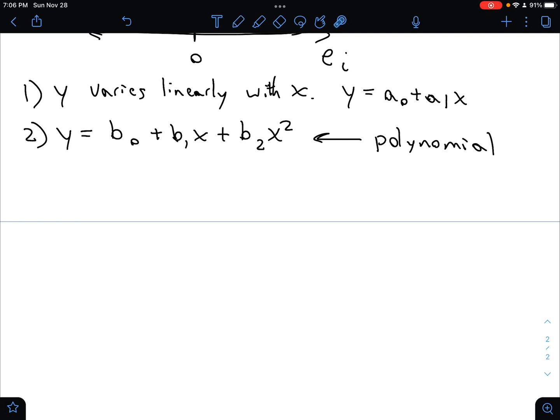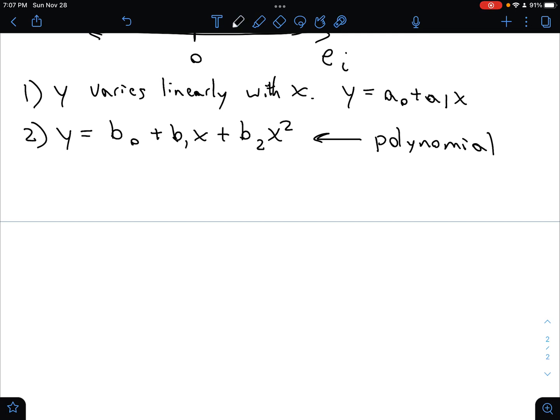To be clear, remember before we wanted to calculate A0 and A1 such that we minimize the square residual for the data. In this case, we're doing the same thing. We want to calculate B0, B1, and B2 such that we minimize the sum squared residual.